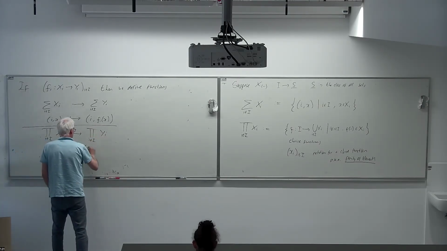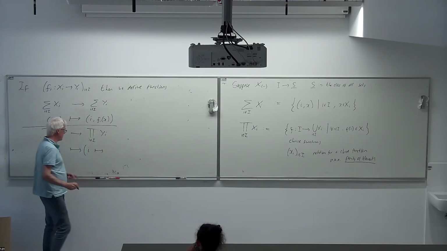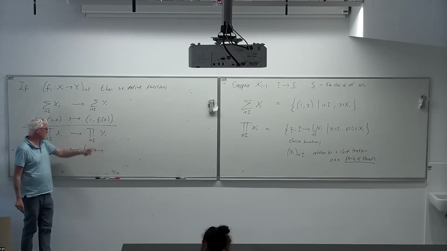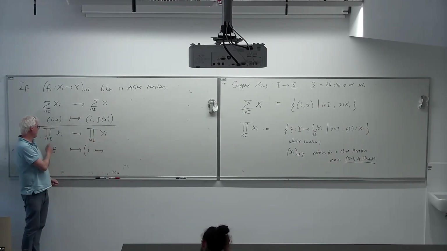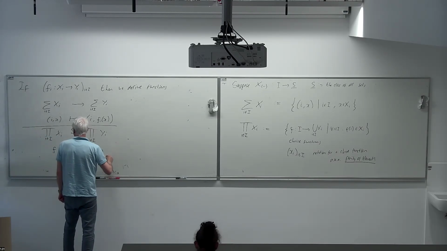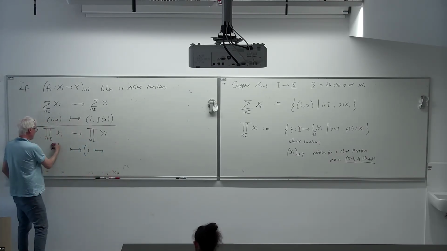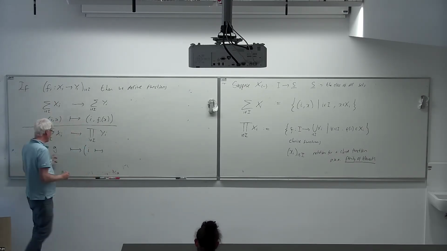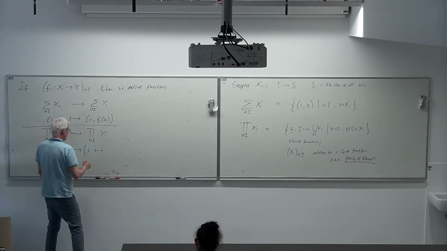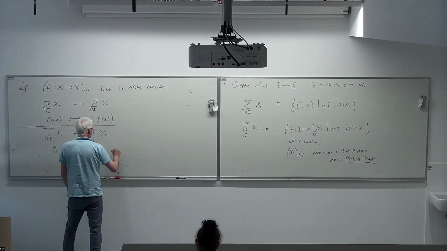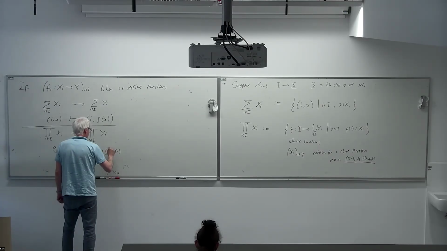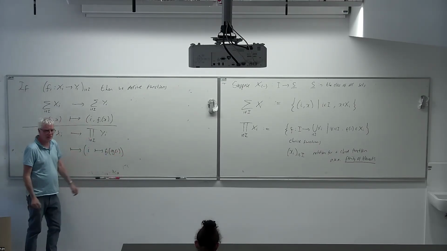So we're going to need to map some element little i to an element of Y sub i. Well, we can get an element of X sub i by applying f to i. Maybe I'll call this g, because it's easier. So if we apply g to i, we get an element of X sub i, and then we apply f sub i to that, and we get an element of Y sub i. Okay.